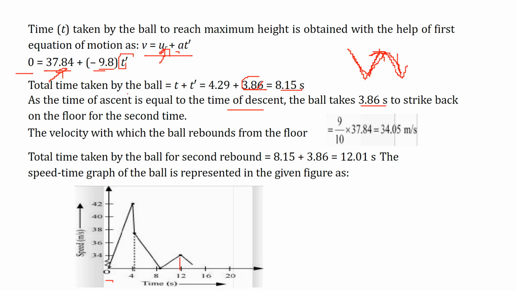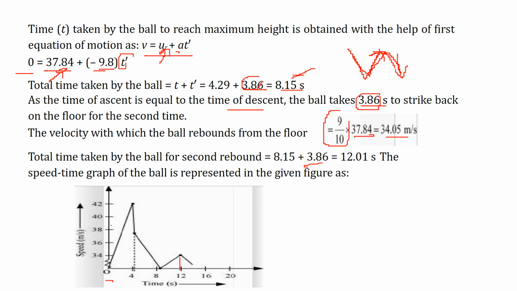This will be the initial speed for the second rebound. 9/10 of 37.84 will be 34.05 meter per second. And again the time was 3.86. We have to add this so that the time taken by the ball for the second rebound can be found out, that is 12.01 seconds.